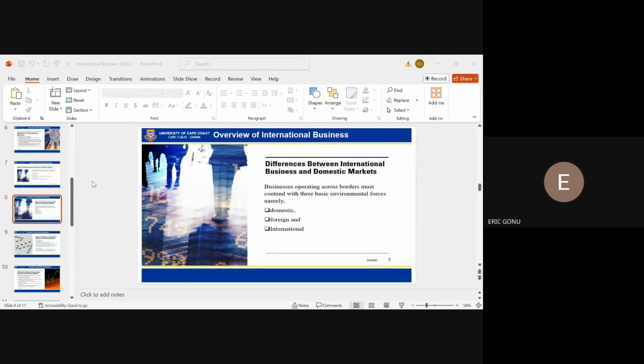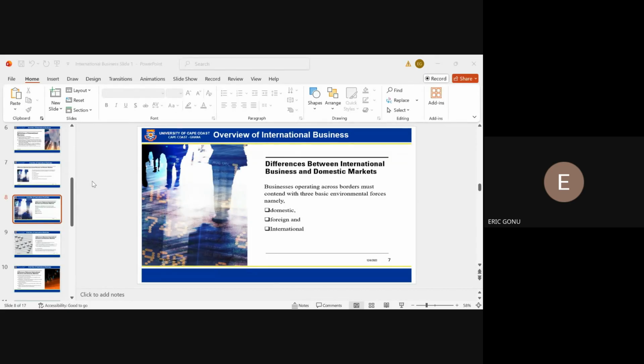COVID, they said, started in China. If it were just peculiar to China, why would the UK, US, and others like Ghana be worried? It went beyond.